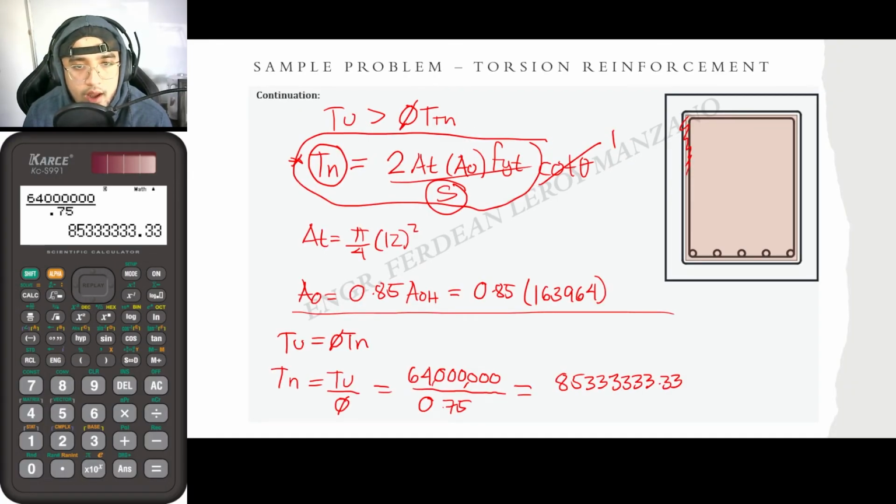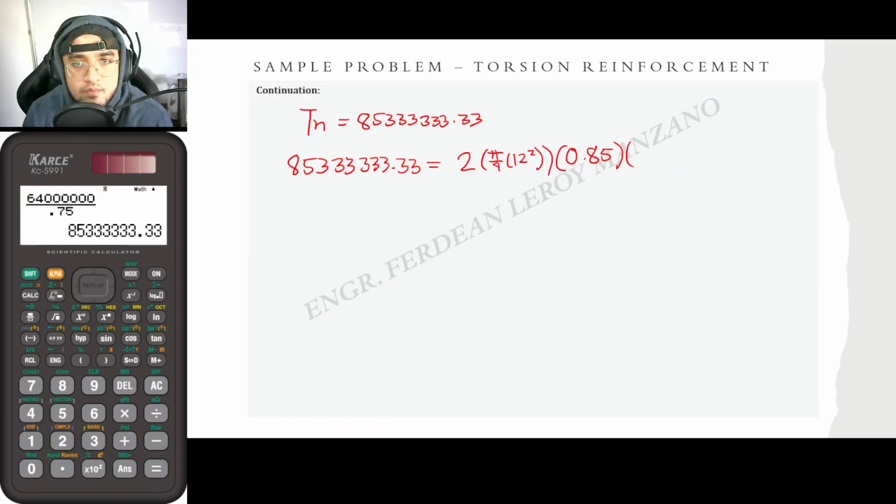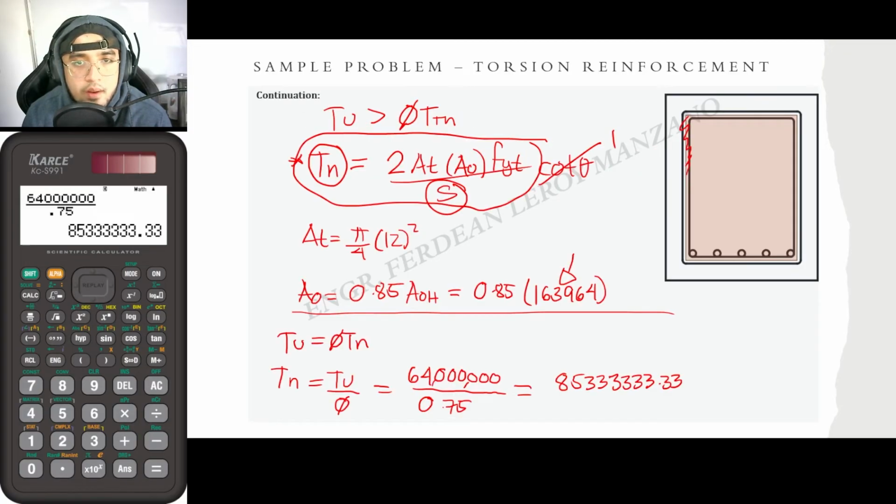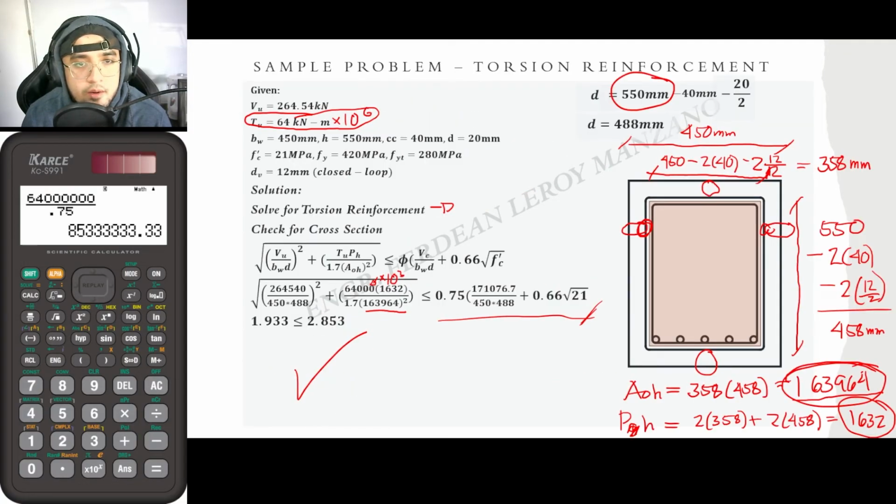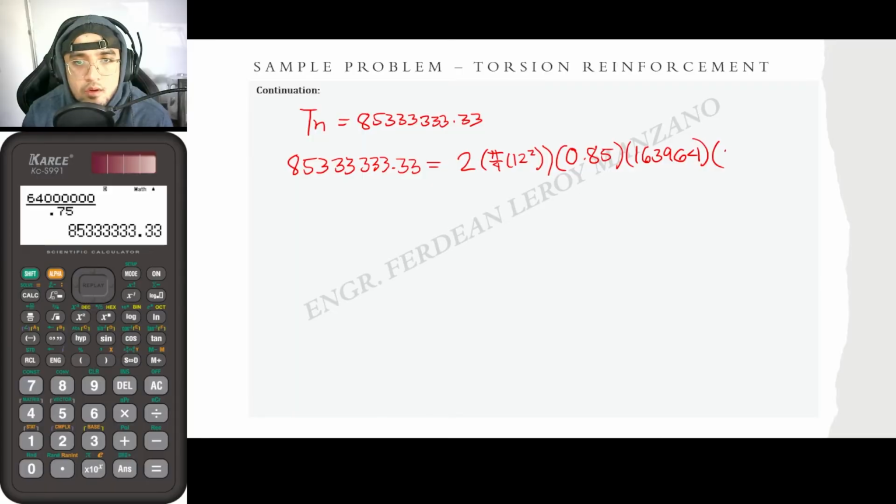What was our A0h once again? That is 163,964. Times Fyt, and according to the problem, Fyt is 280 megapascal, divided by S.